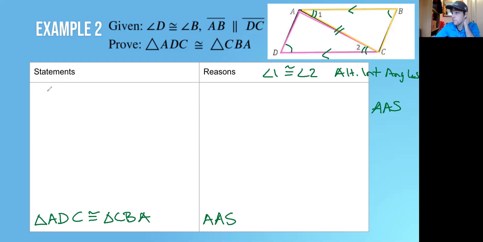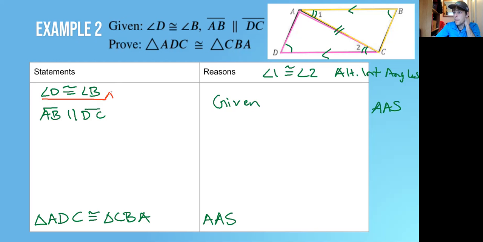We also know how our proof would begin. These are both given. Okay, sorry, I was just thinking about it here. This was one of my angles, one of my A's for my AAS.